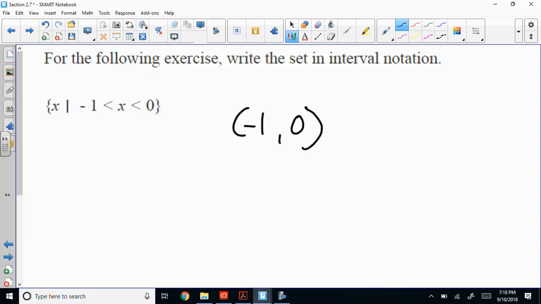If it was to include it, it would look like this, right? Like that. Yeah, we'll do a bracket.